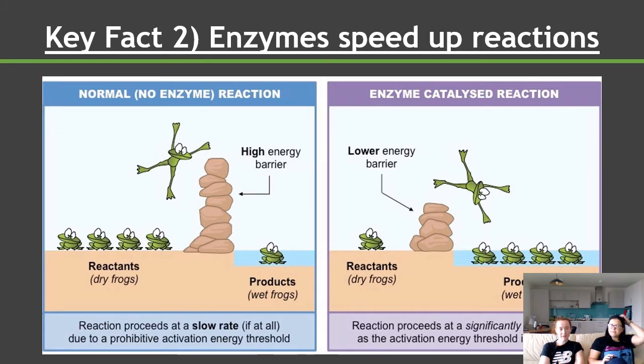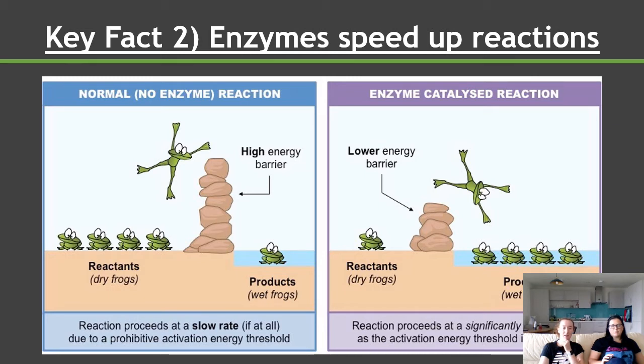Okay, so that second key fact, the idea that enzymes speed up reactions, this is kind of a nice metaphor of it in a way with frogs. The idea is if there is no enzyme, basically the reaction is going to happen a lot slower because there's a really, really high energy requirement for the reaction to happen.